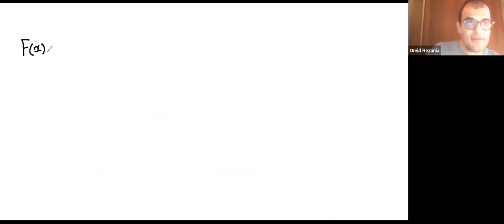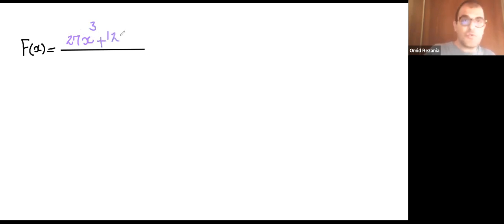I know that f of x is this function of 27x cubed plus 125 divided by 3x plus 5.